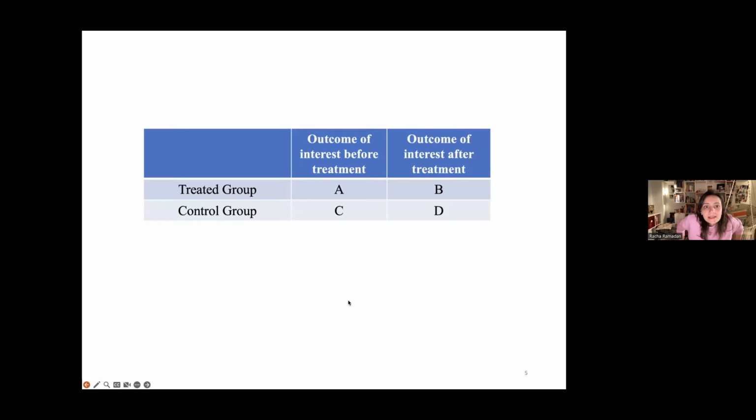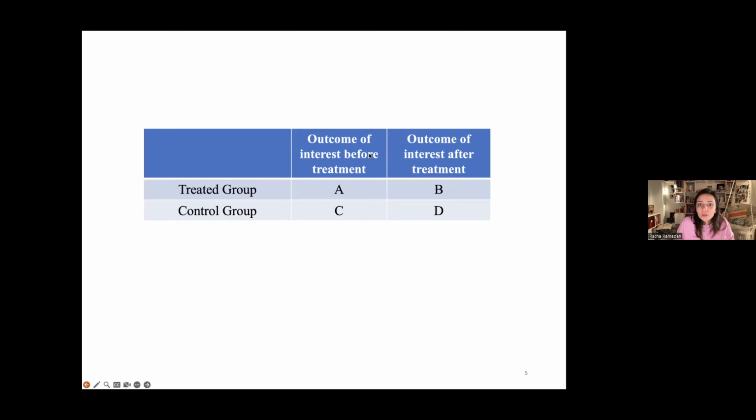So let's take this example in order to see what is the main idea or logic behind the diff and diff method. So now we have two groups, as we discussed. The treated group, I will assume this is the group who benefit from the Forsa program, and the control group is the group of individuals who are not benefiting from the Forsa program.